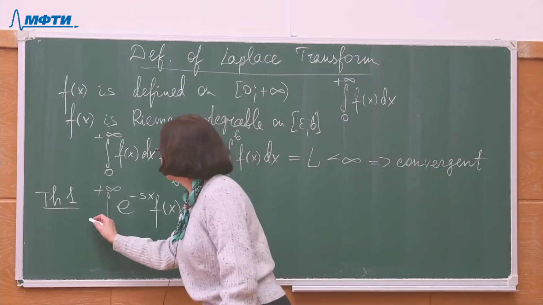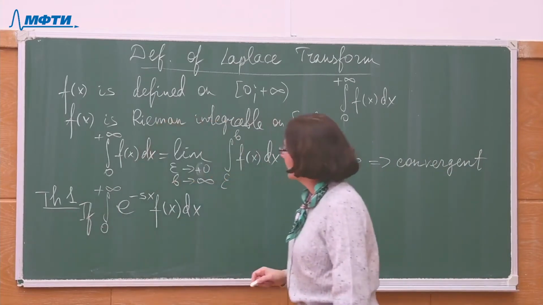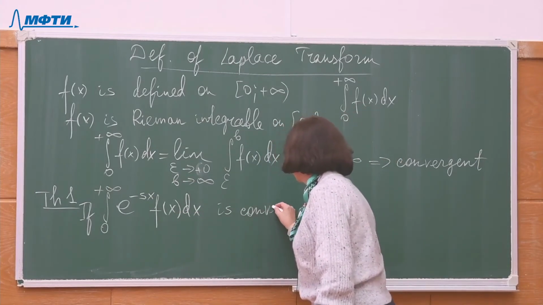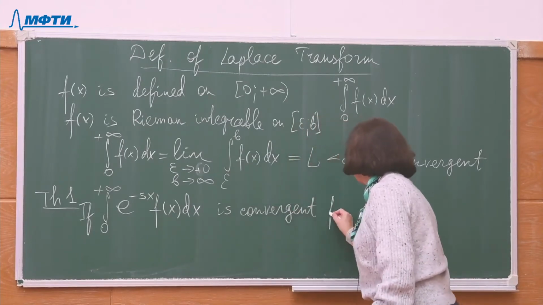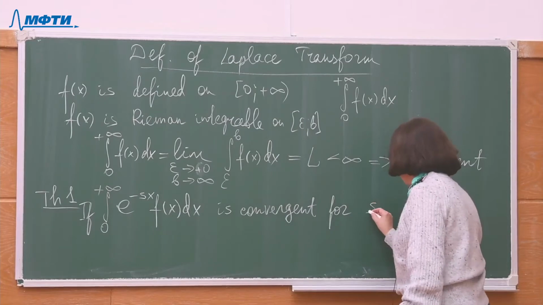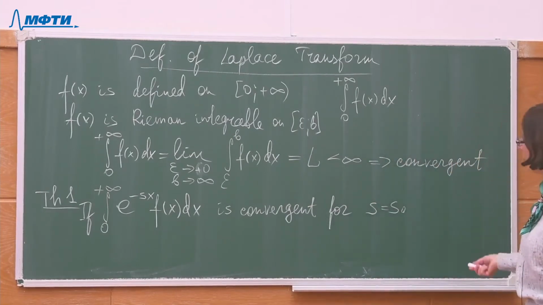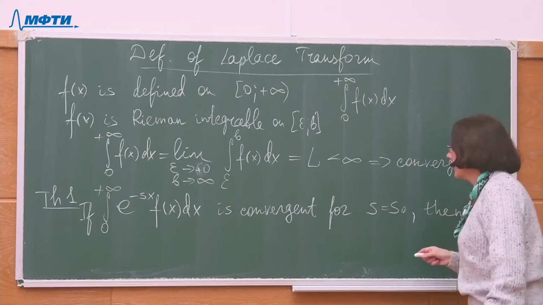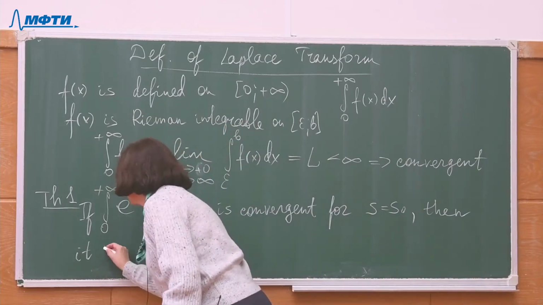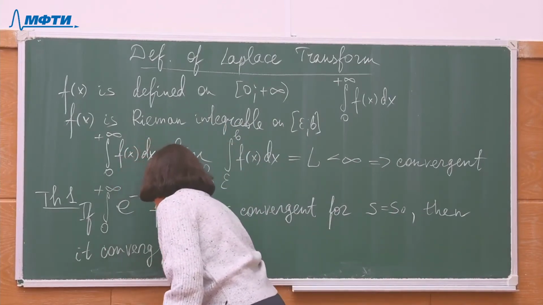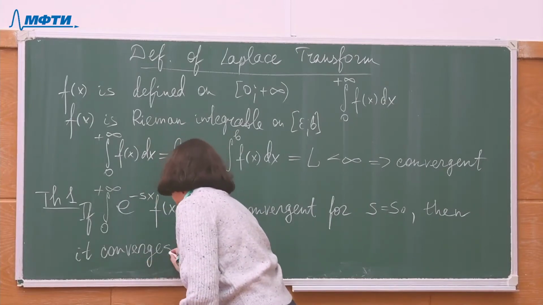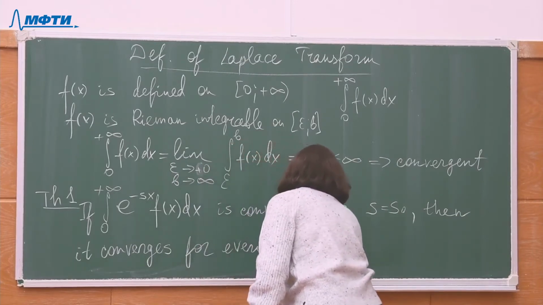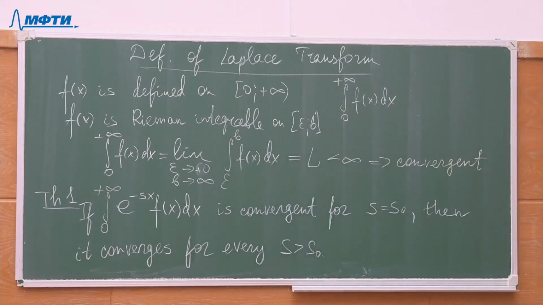Theorem 1 claims that if this integral is convergent for some value of s, equal to s0, then it converges for every s which is greater than s0. So we will need this theorem.